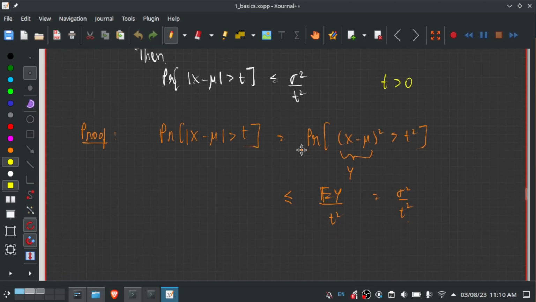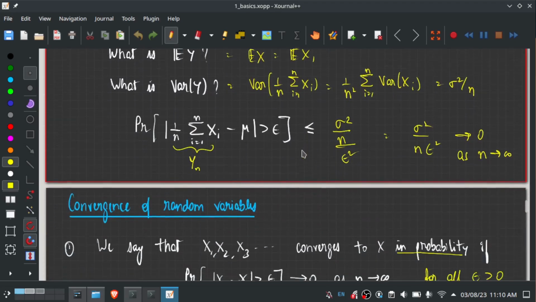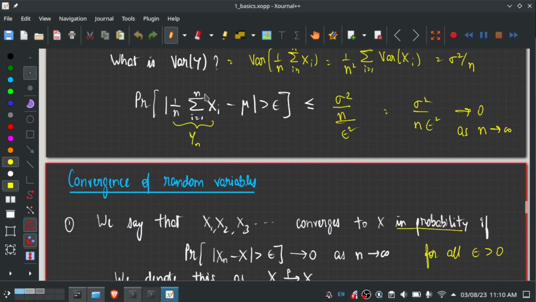As we saw in the case of IID random variables, when we have a sequence of random variables and we want to find the deviation from the mean of the empirical average, the variance of this particular random variable is sigma square by n. So for large n, the variance is really small, and that gives us a nice bound: sigma square by n epsilon square, which tends to 0 as n tends to infinity.